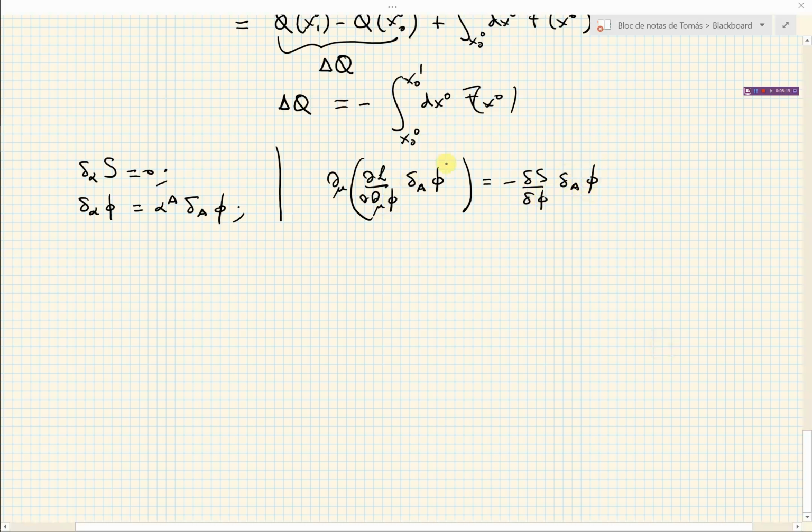If these fields have indices, there will be a contraction over all the indices repeated in these fields phi, and so on, and this will be the current which will be conserved. This is called the Noether current. And partial mu j mu a equals 0 on shell is the expression of the first Noether theorem.